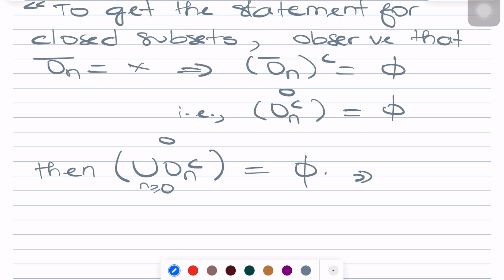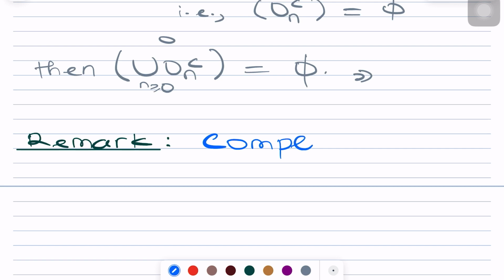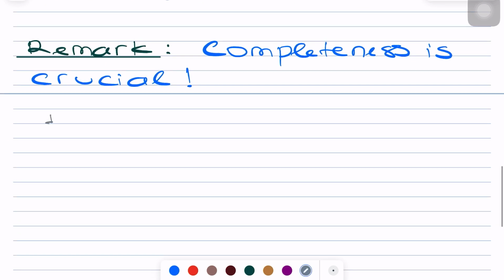So again, a remark. I pointed that out already. Completeness is crucial. Then we will see why. Indeed, let me put it in another color. Indeed, consider the set of rational numbers.